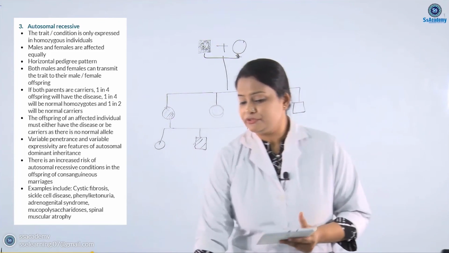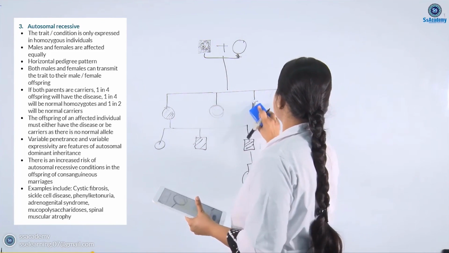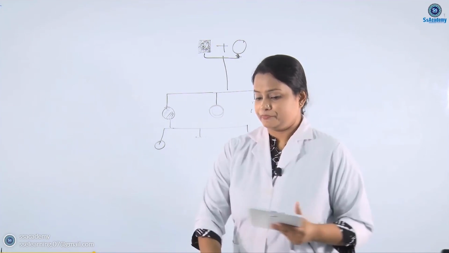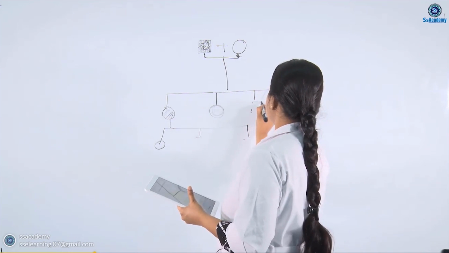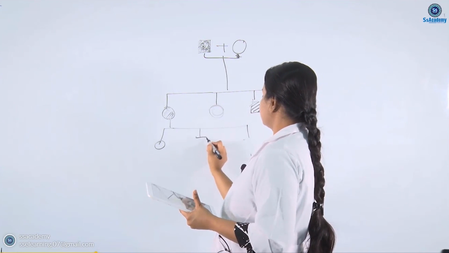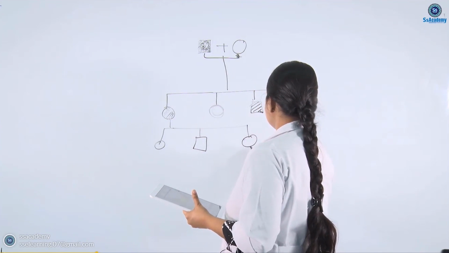In autosomal recessive, we see male and female both equally affected.